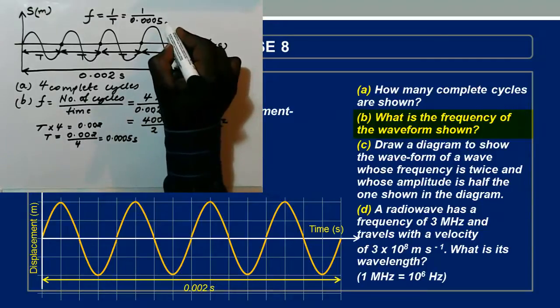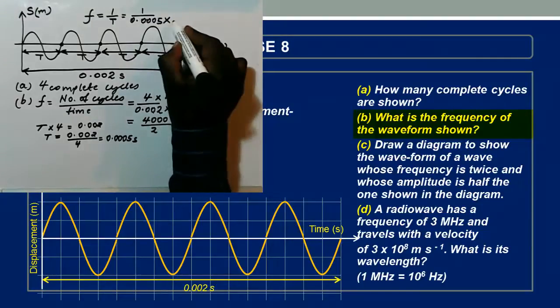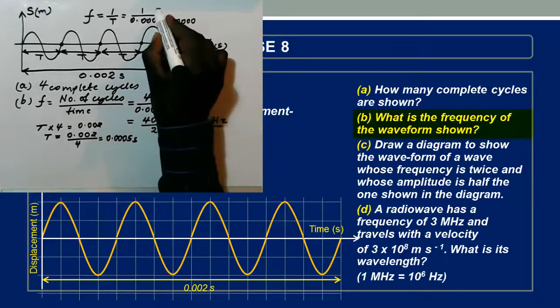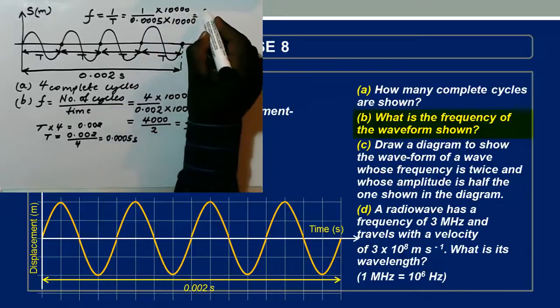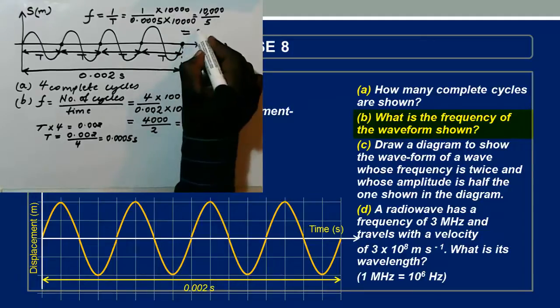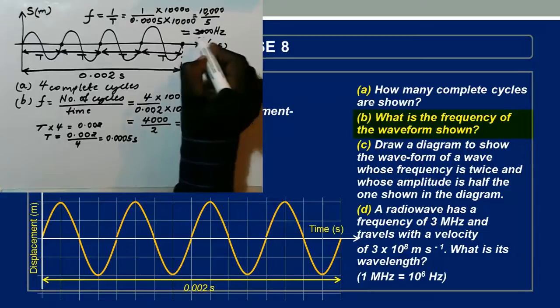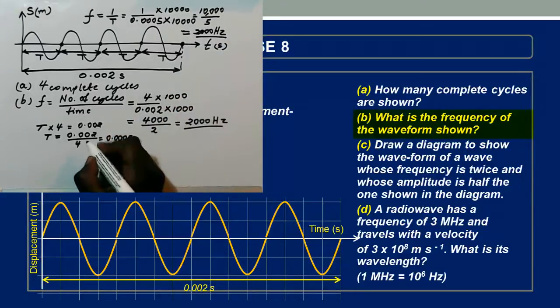Over here we can multiply by 10,000 to make it a simple number, and we do the same for the numerator, 10,000, and we find that this will be 10,000 divided by 5, and of course that will give us 2,000 Hz. So this is the second method that we can use to calculate the frequency.